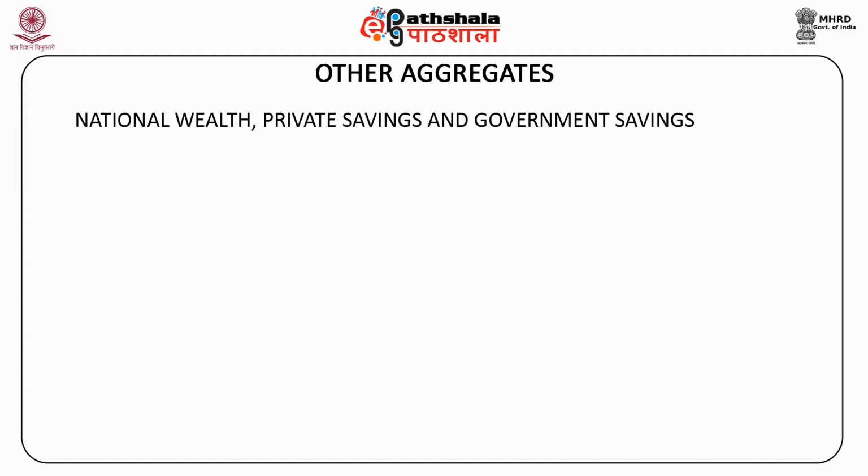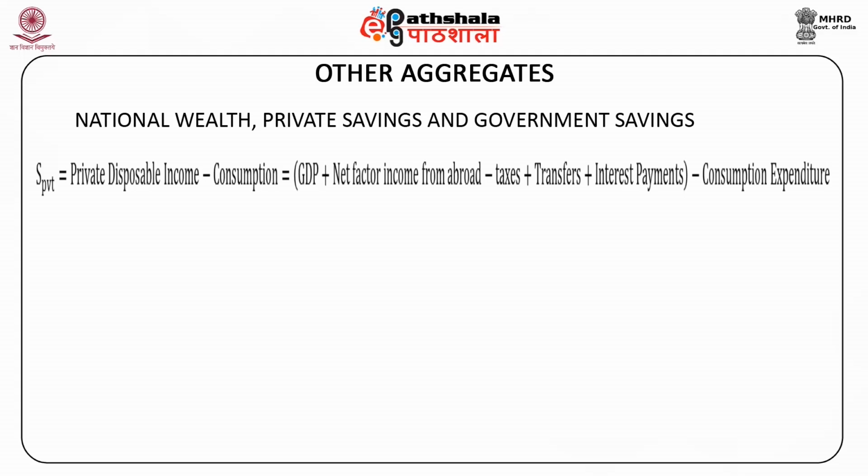That is, private sector savings is equal to private disposable income minus consumption, which is equal to GDP plus net factor income from abroad minus taxes plus transfers plus interest payments minus the consumption expenditure. It can be written as GDP plus NFY minus T plus TR minus C.